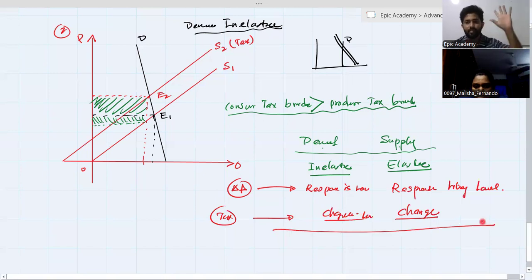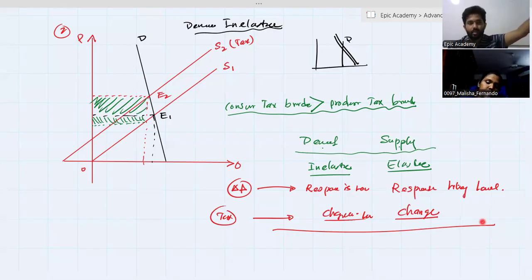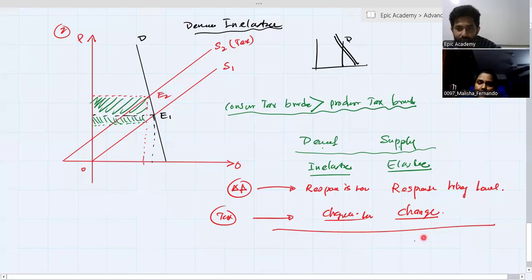If they're in danger in the society, who can survive? Changing person or non-changing person? Changing person. For that reason, this is the party who can change, so they can avoid the tax burden. This party cannot change, so he has to take the tax burden.